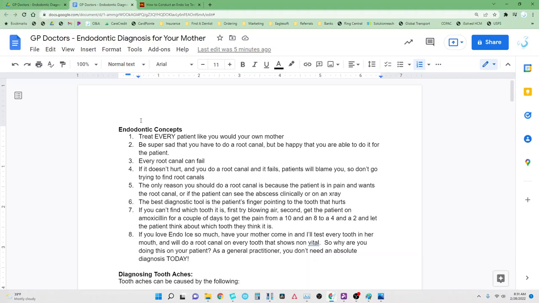Okay. Another concept that we need to know is that every root canal can fail. Every root canal over time has the ability to fail. One of the reasons I think this happens is there was a source cause of this patient needing a root canal.